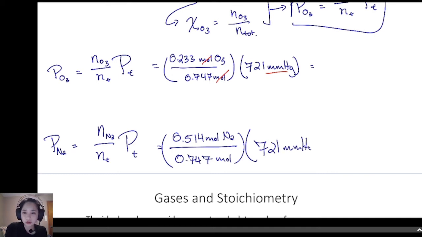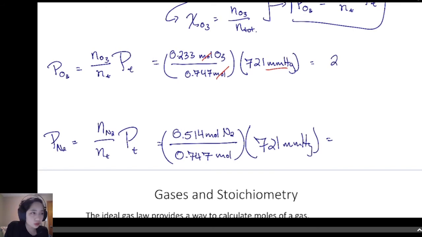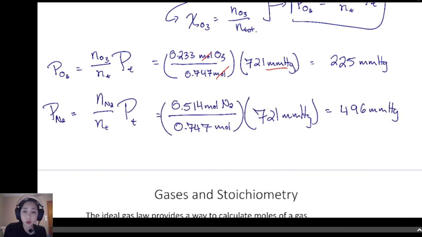That is our total pressure, so you just plug that into your calculator, and the answers you should get are 225 millimeters of mercury and 496 millimeters of mercury.